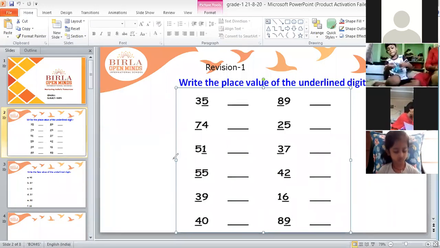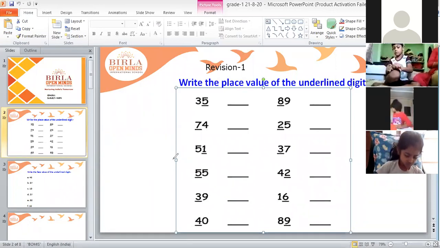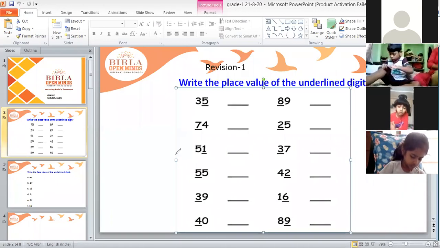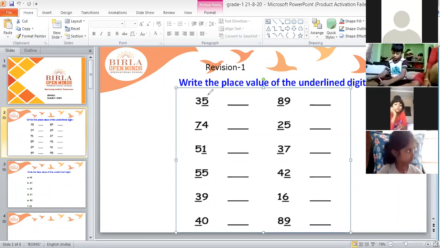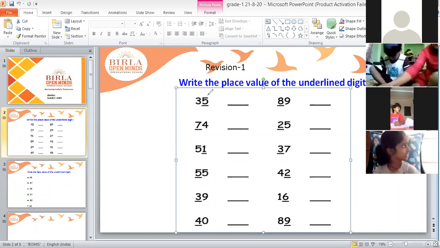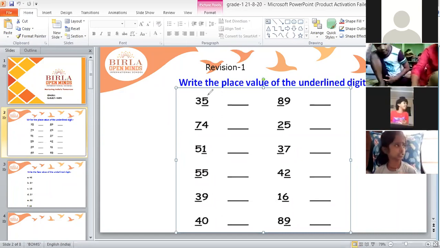Listen, we have done this earlier also, so this is just a revision. We do it quickly. Whenever you have to write the place value of any underlined digit, first you have to look at the place or position of that underlined digit in that number.